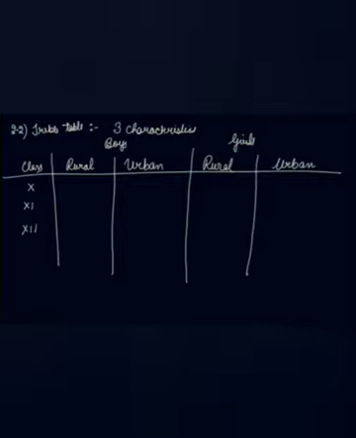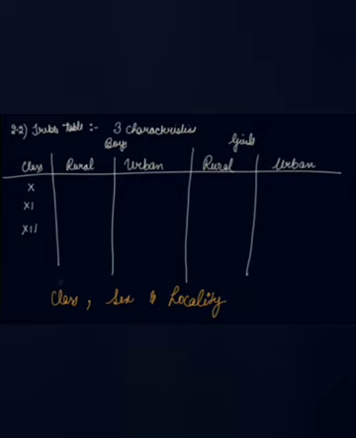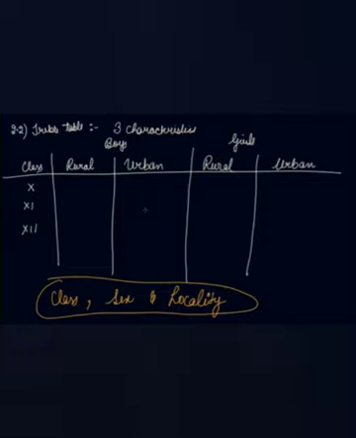See, in this table, how many characteristics have you used? First, you have classified the students on the basis of class, that is 10th, 11th, 12th. Then on the basis of sex, that is boys or girls. Then on the basis of locality, that is rural or urban. So these three characteristics you have made the table. So this is your treble table.